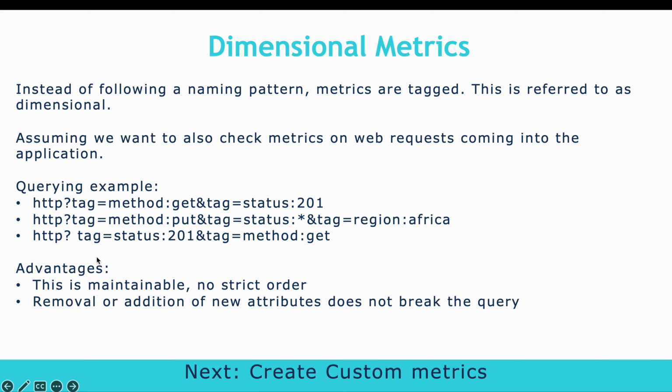The advantage here is that this one is maintainable, and we don't have any pattern or order to follow. If we were to remove an attribute or add an attribute, we won't break. If you add a new attribute, you don't break the query. So if we were to add something, we don't break the existing query.